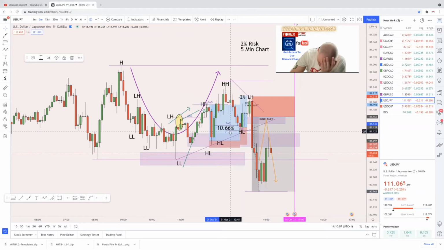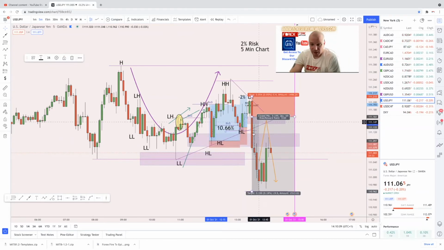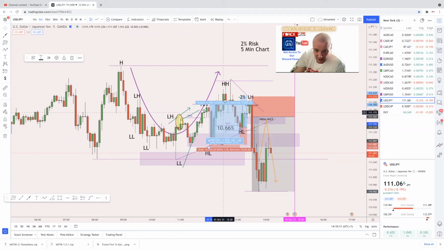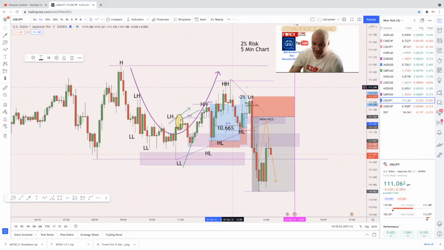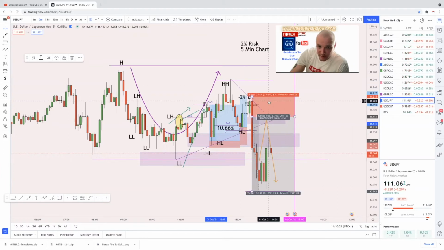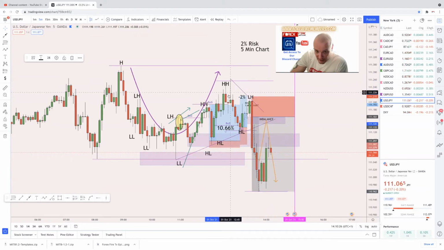From there, we came back in to test the break of structure on here, to see if we can get straight back in. We would have had a nice growth of 3% because we were targeting the higher side. Now, this is where your own judgment comes in, because on here is a structure as we've come down.